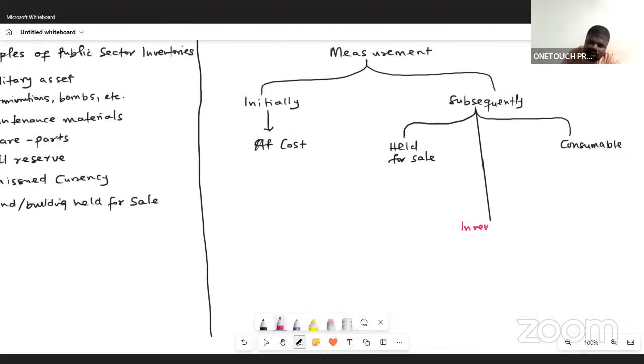So inventory from non-exchange transaction. An example is donated inventory, like inventory that has been donated to the organization.